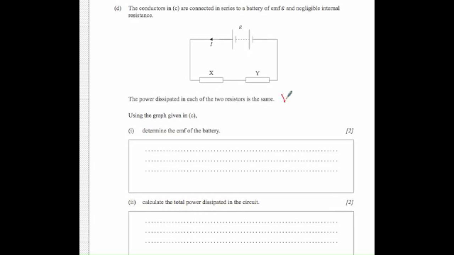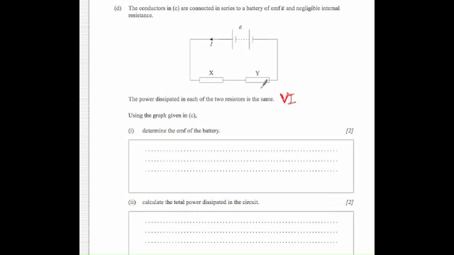Now, the power dissipated in a resistor is VI. So, if the current in both resistors is the same, which it must be, and the power dissipated in the resistors is the same, then it follows that V, the potential difference across each resistor, must be the same.